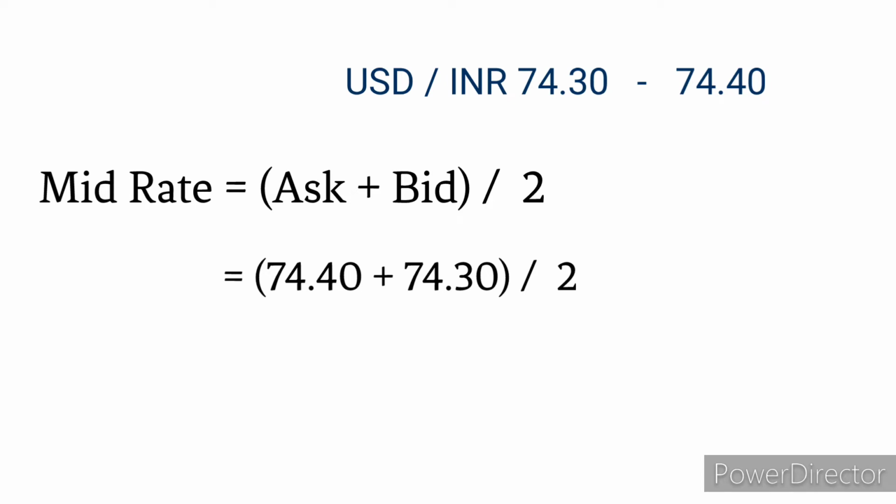So when you add, you will get 148.7 divided by 2. So your mid rate will become 74.35. So you will notice that it is the point between 40 and 30. So 35 is the actual midpoint between 40 and 30. In a similar way, you will get the answer 74.35.